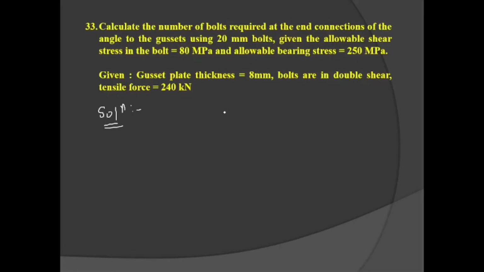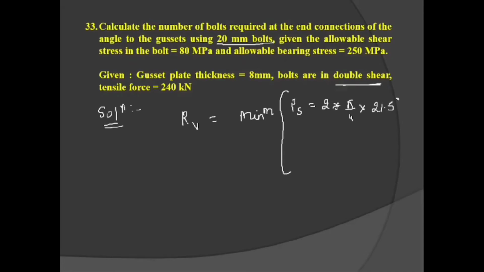Here we have to calculate the number of rivets. So before that, we have to calculate the rivet value, that is the minimum of PS and PB. Let's calculate the PS value. Since it is given as a double shear, so 2 pi by 4 into gross diameter square, and 20 mm diameter bolts are given, so gross diameter will be 21.5, into Fs given as 80 megapascal, 80 into 10 to the power minus 3.